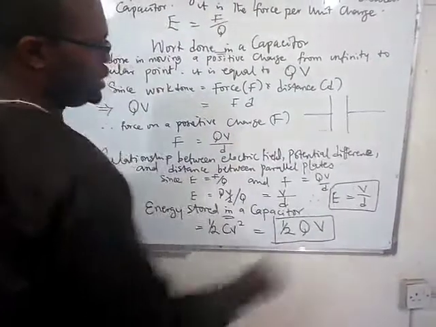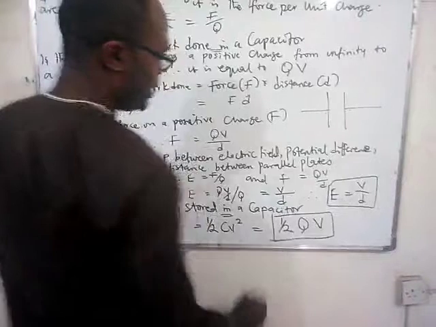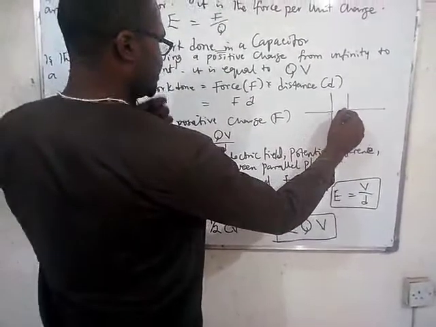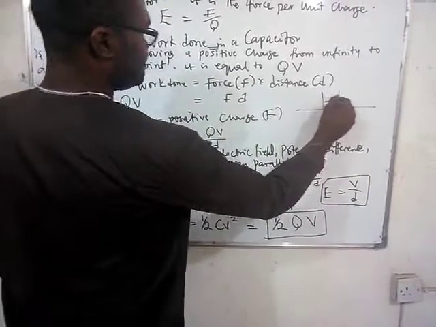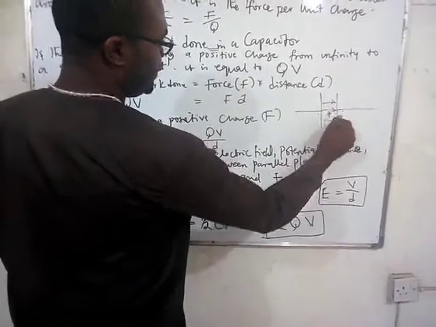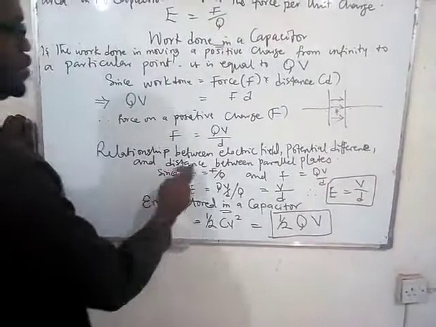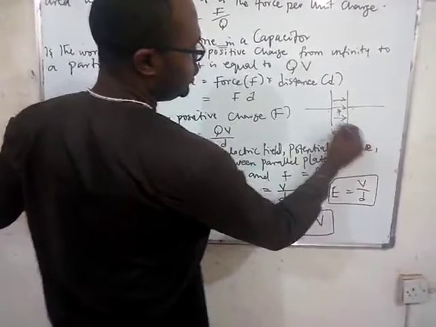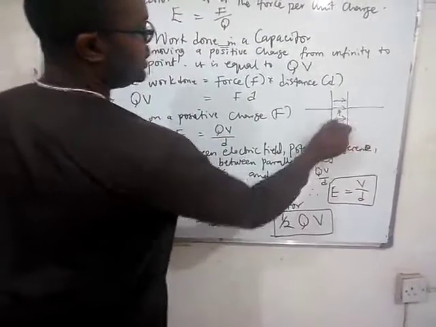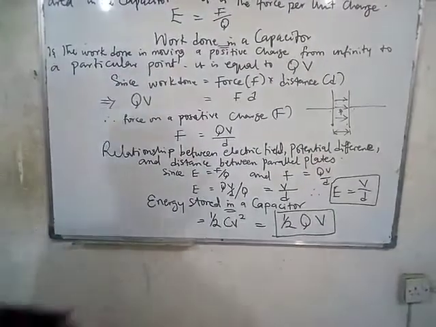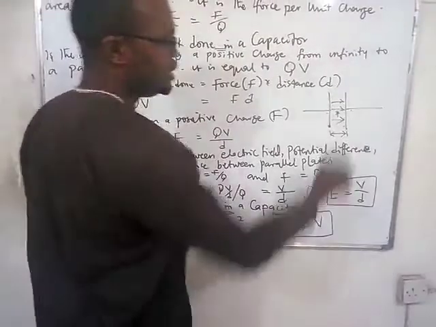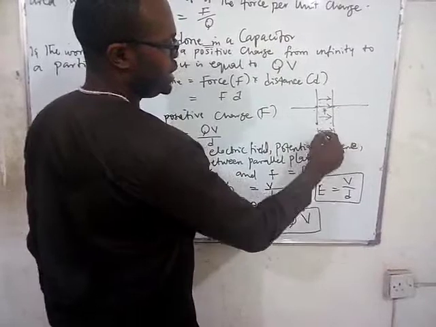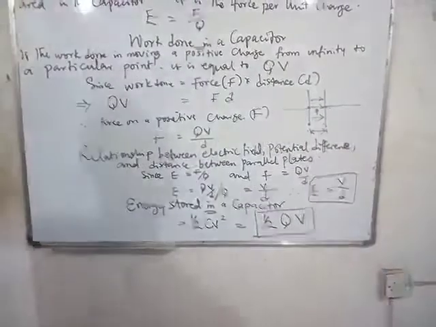So if we are looking at the voltage between the terminals, the potential difference, the electric field inside, and the distance between the two plates, what is the relationship that relates those things together? The potential difference between these two points, the electric field, and the distance between the plates.